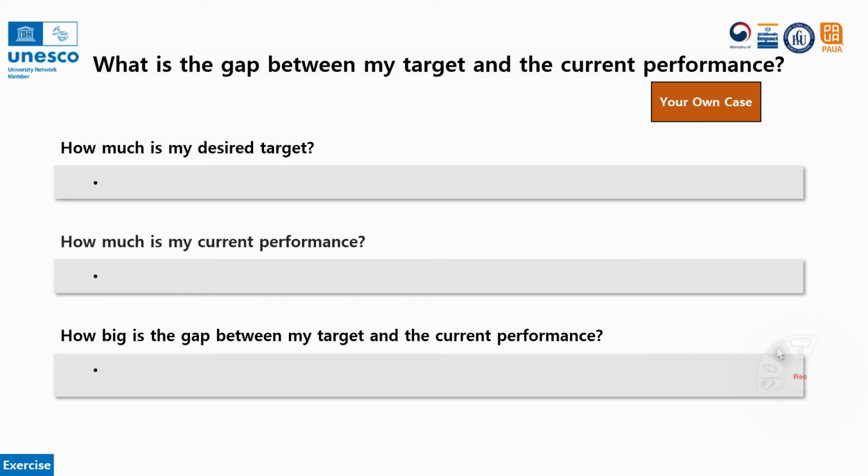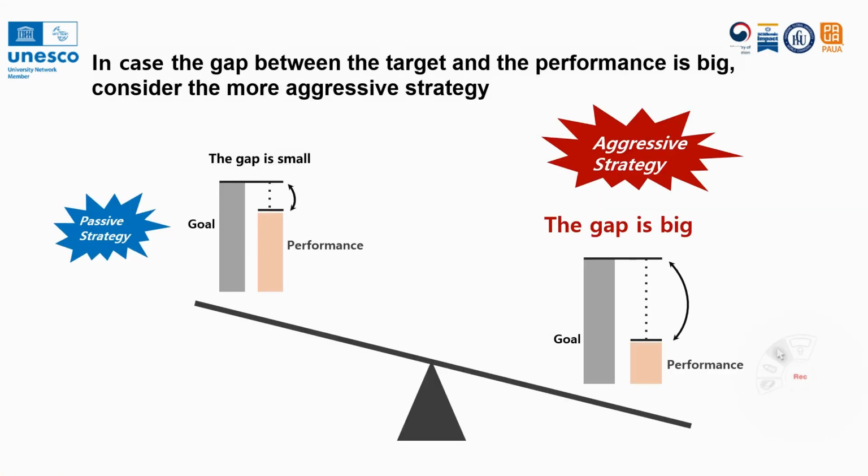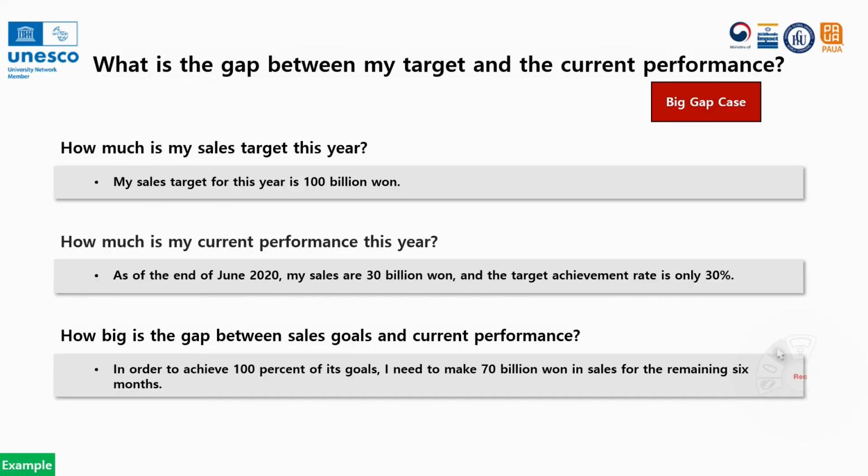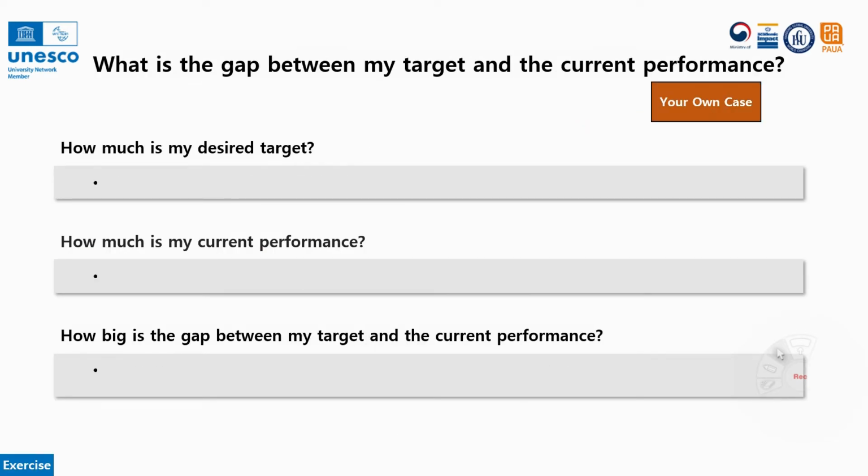After the gap is identified, you may think about a lot of alternatives, right? A lot of strategic alternatives. And we can cover how to disaggregate a lot of different options strategically, and we can cover that in the later part of this class.